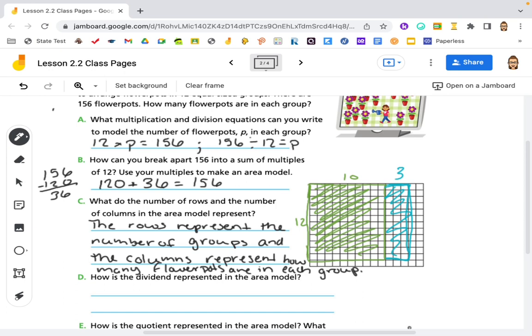So then it says, how is a dividend represented in the area model?